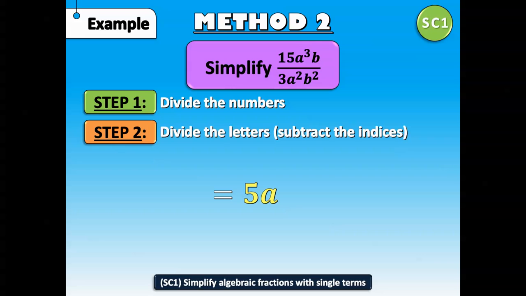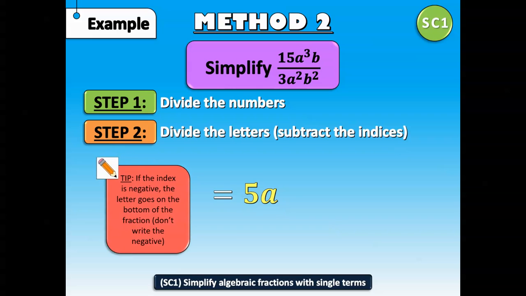So that would just be a to the power of 1, or just a. And b on its own is b to the power of 1 divided by b squared. So 1 minus 2 is minus 1. So when the index is negative, the letter goes on the bottom of the fraction.